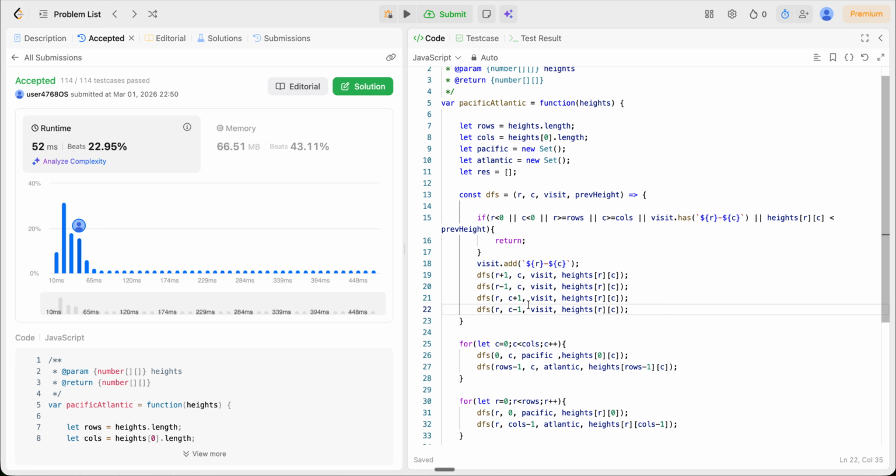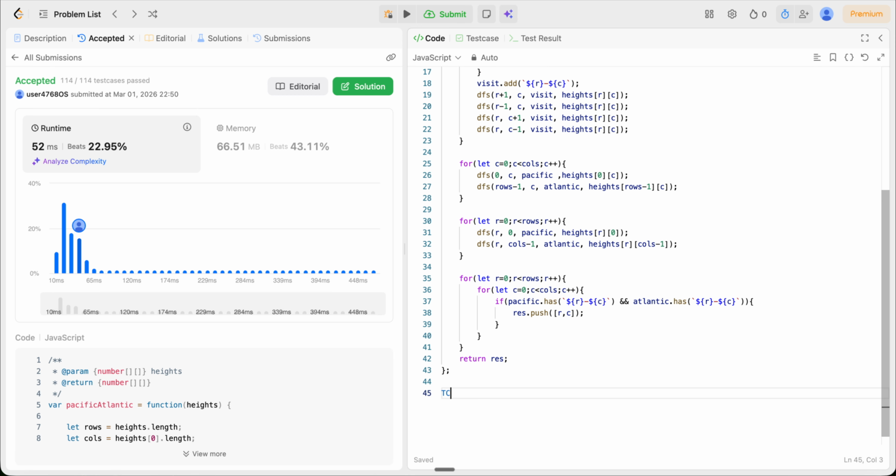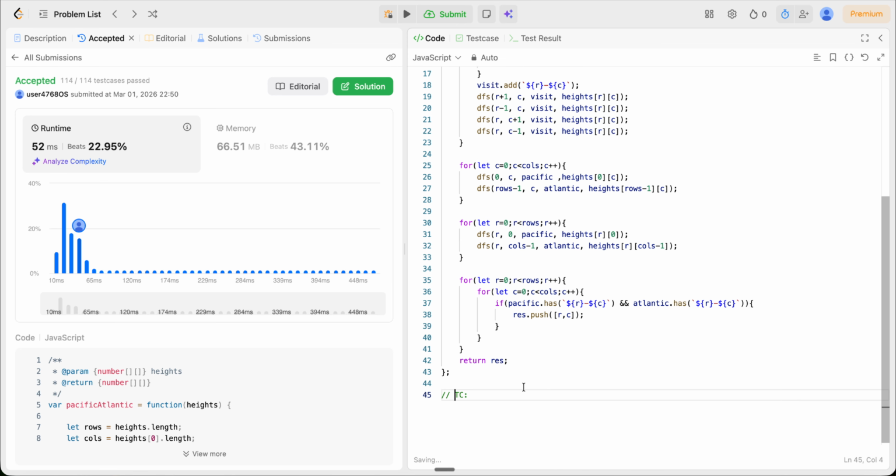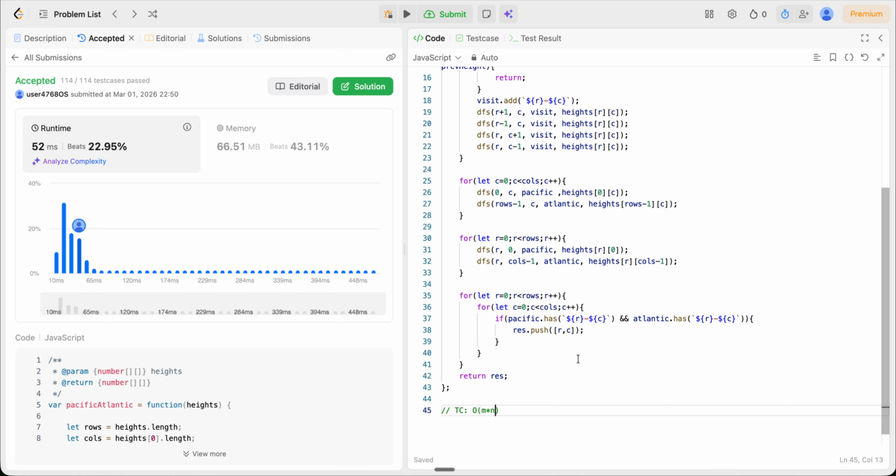Now let's also understand the time and space complexity of the solution. So time complexity of this solution would be big O of m cross n, because here we are doing m cross n. This is m, let's say this is n.